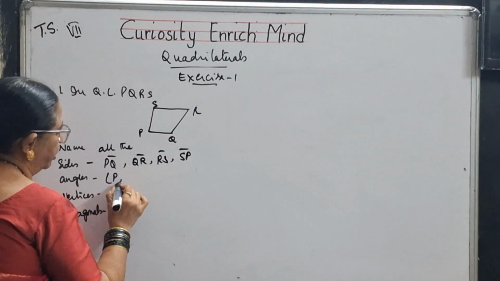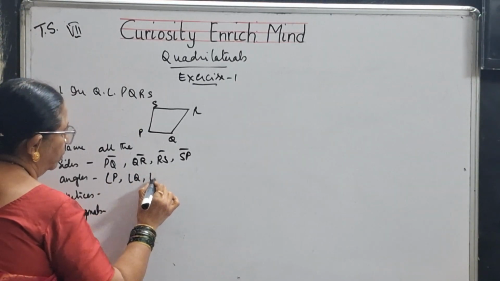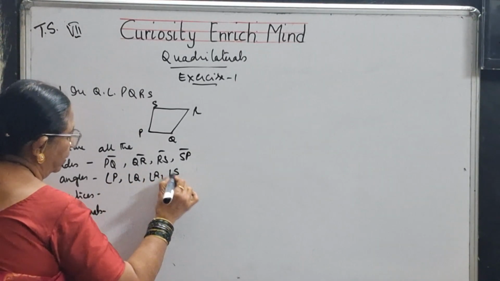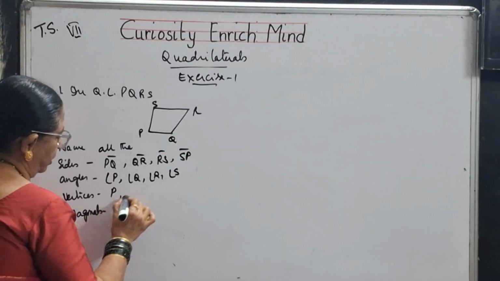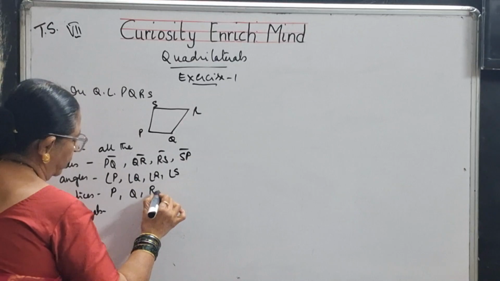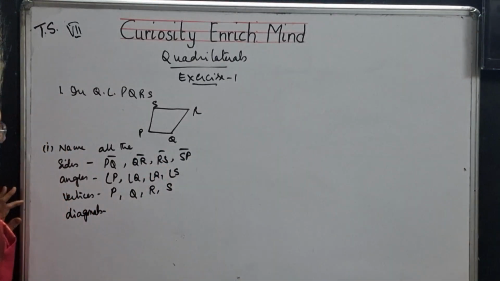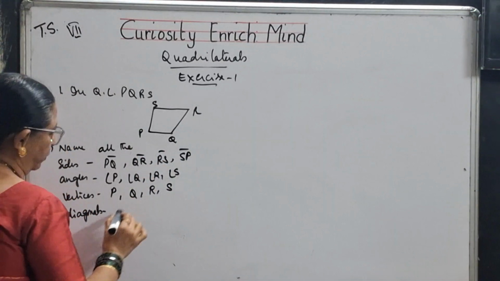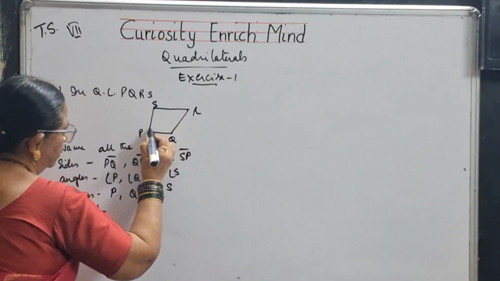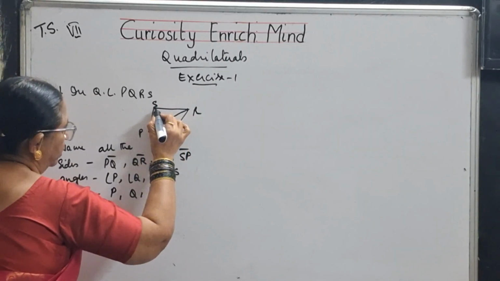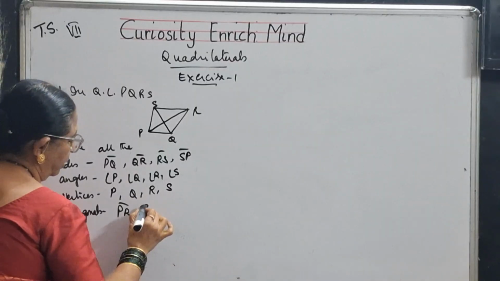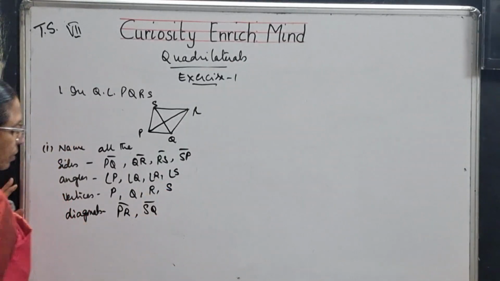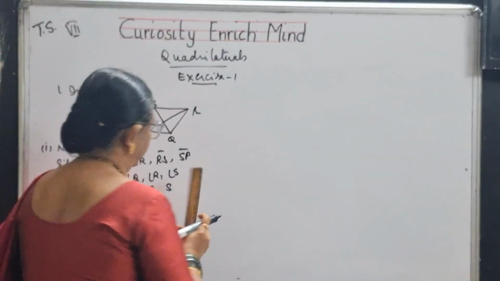Angles are angle P, angle Q, angle R, angle S. Next, vertices. P, Q, R, S. Now diagonals. PR is one diagonal, SQ is one diagonal. PR and SQ. So this is the first bit, children.